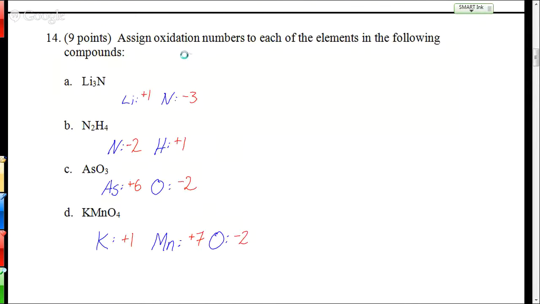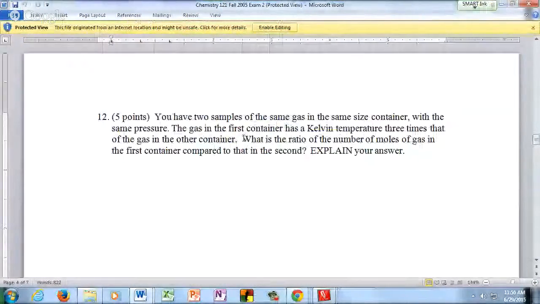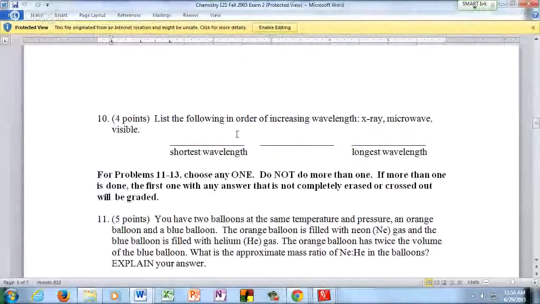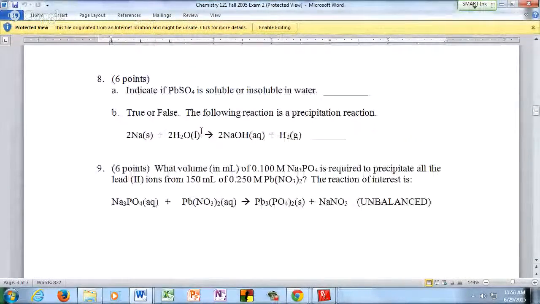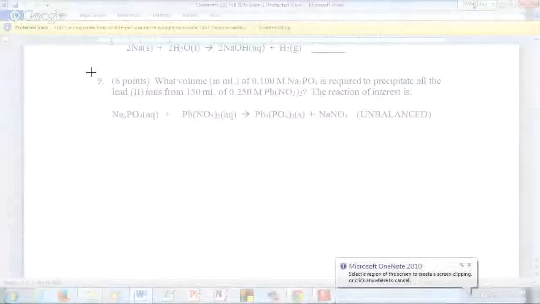Okay, good. Another one that we should look at from this other second exam. So the second exam also has a bunch of these gas problems. We're going to look into that later. We're not going to do that right now. But let's do a problem like this.